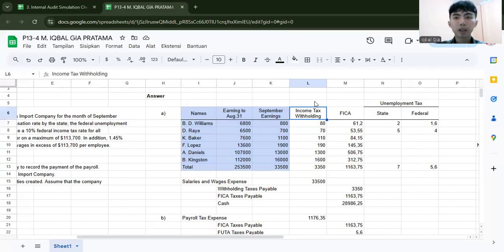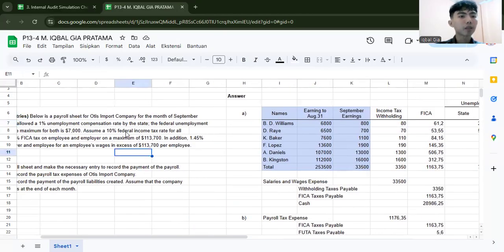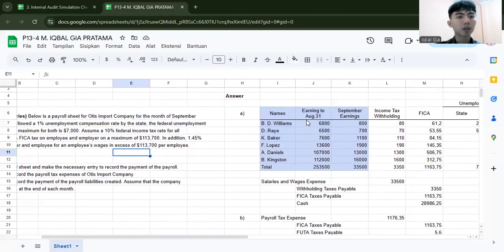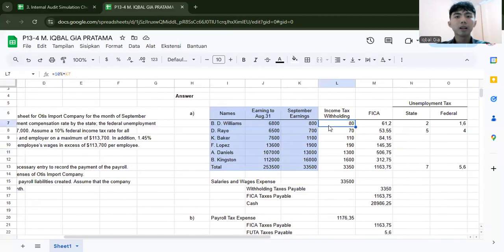The first one, we will calculate income tax withholding. Because there is an assumption of a 10% federal income tax rate for all employees, we will just calculate 10% and multiply it by this number.